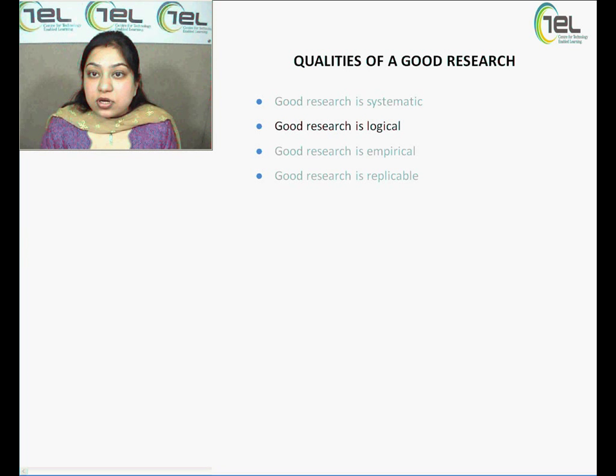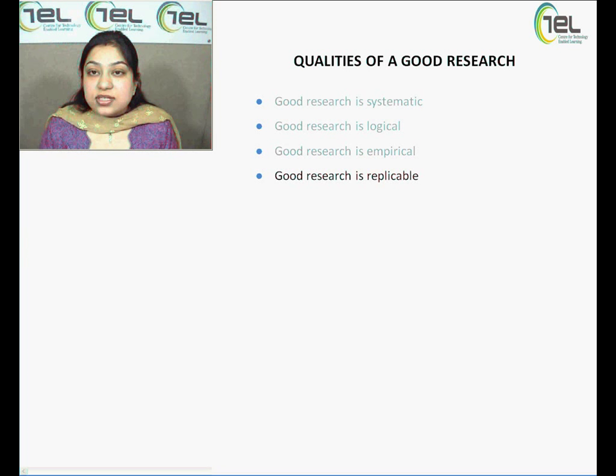A logical process is followed, like the deduction and induction methods, which are important in good research. Also, a good research has to be empirical. That is, it is applicable in a practical sense, and all business research is applicable in the organization.